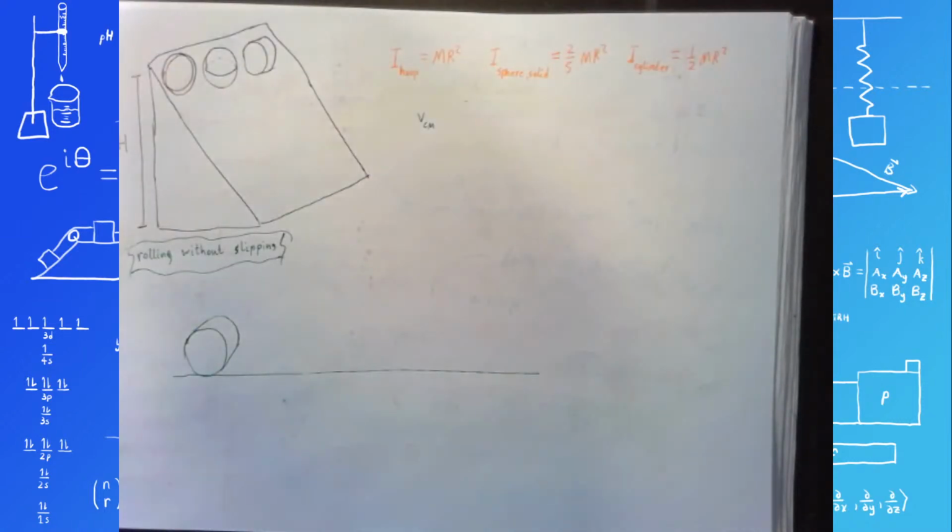Or what it will probably do, again, I need to make the slope really steep for this, and it's probably going to be too quick to see on camera anyway, but if you make the slope steep enough, then what you'll see is this sort of rolling interrupted by slipping.